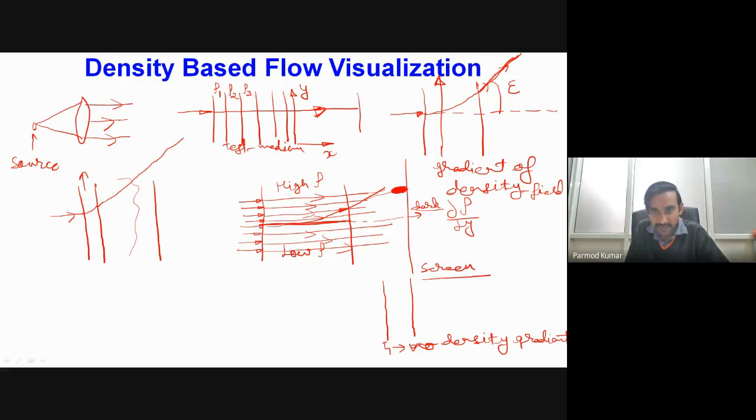At this point, say my location corresponding to the shock wave, we will have a dip in the intensity of the light. That dip is compensated by a high intensity value at the point where this wave is joining.